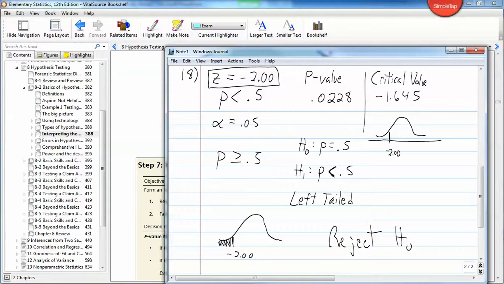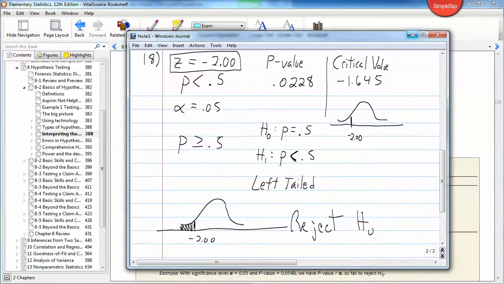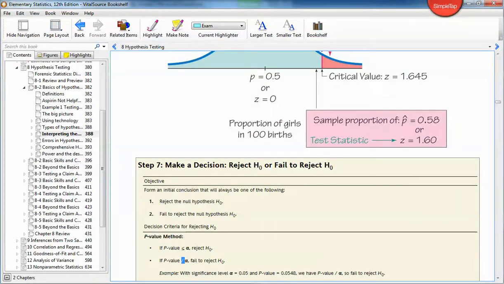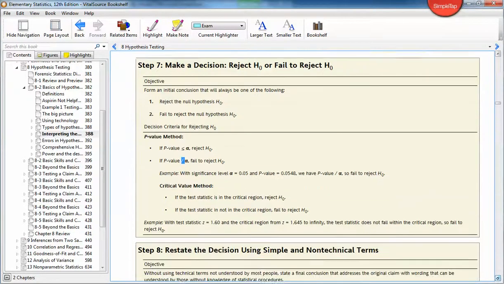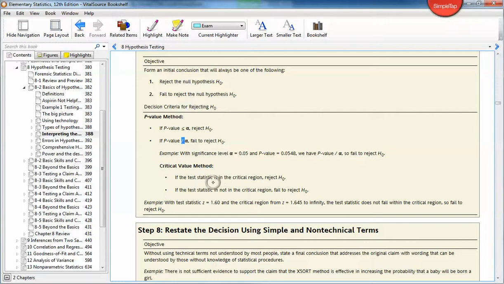It's either one of the two. Okay. If the test statistic is in the critical region, reject H sub O. If the test statistic is not in the critical region, fail to reject H sub O. Okay.